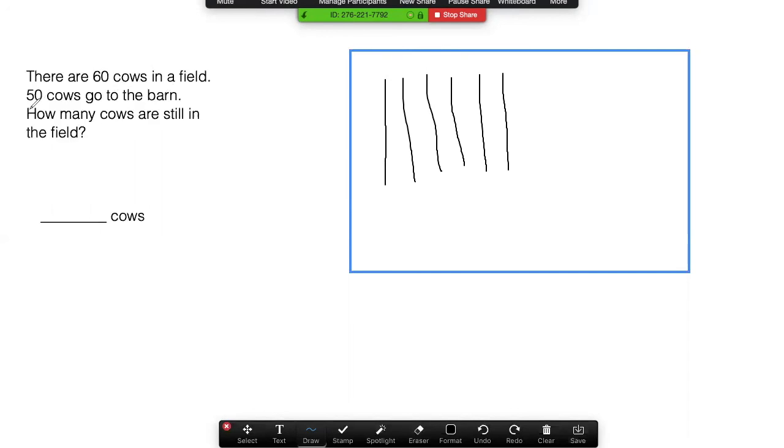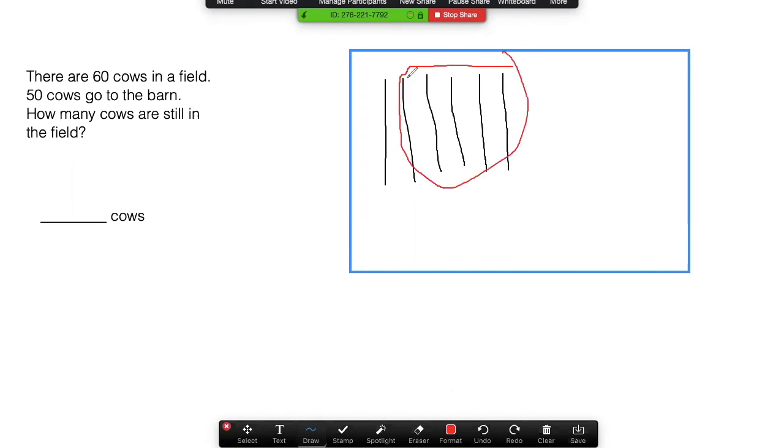Then it says that 50 cows go to the barn. We know that if they go to the barn, they are leaving. So we will be subtracting 50. And they want to know how many cows are still in the field. So let's go ahead and circle our 5 groups of 10. 1, 2, 3, 4, 5.